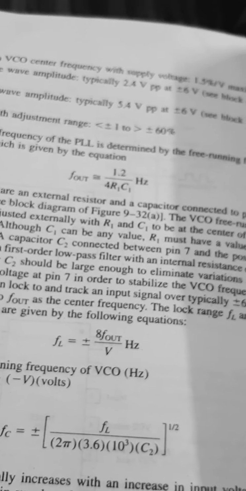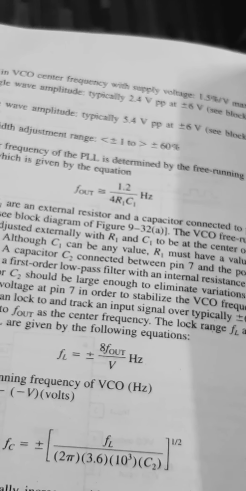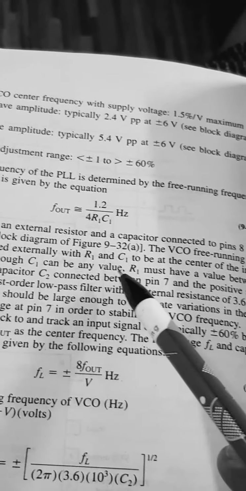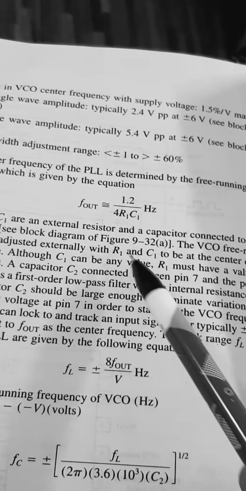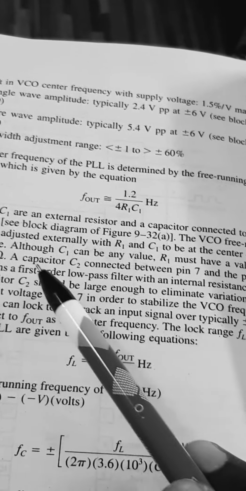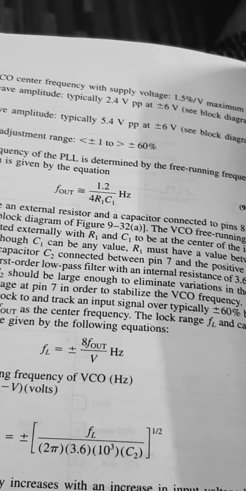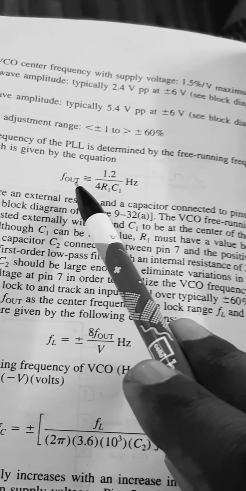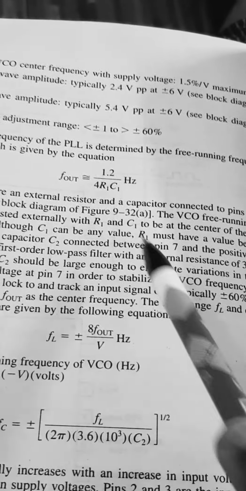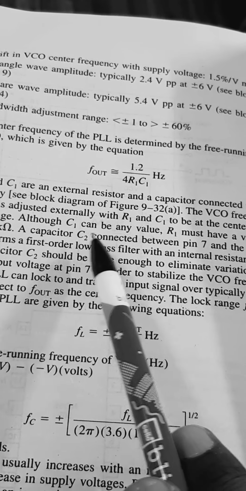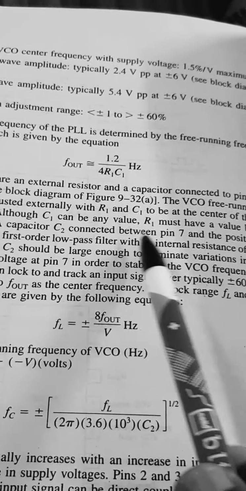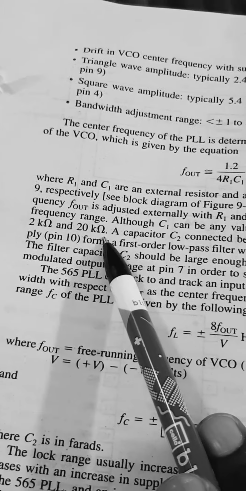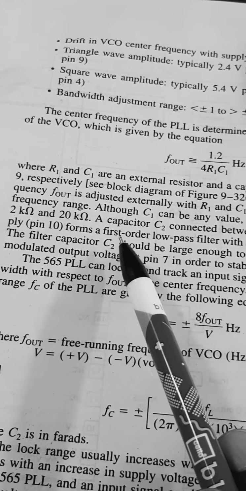That means you can calculate R1 and C1 so that F out is at the center of the input frequency range. C1 can be any value, but R1 must be between 2 kilo ohm and 20 kilo ohm.